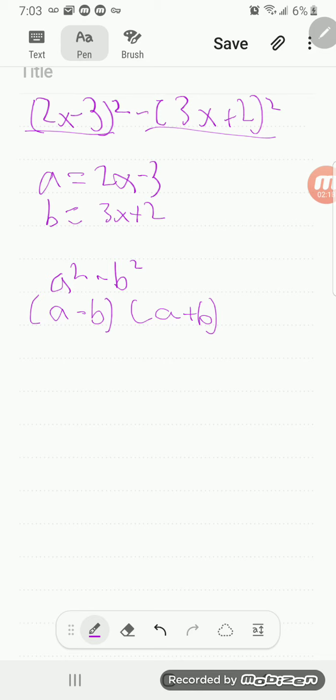Now, we're not factoring for a and b. We're factoring for 2x minus 3 and 3x plus 2. So in this case, we'll put a minus b. What is a? A is 2x minus 3. So 2x minus 3 minus, what is b? 3x plus 2.